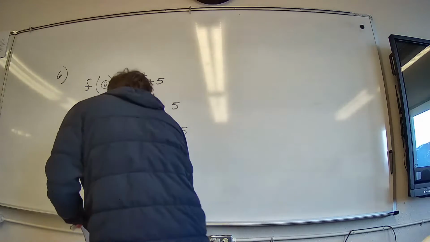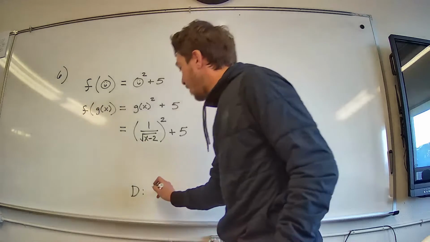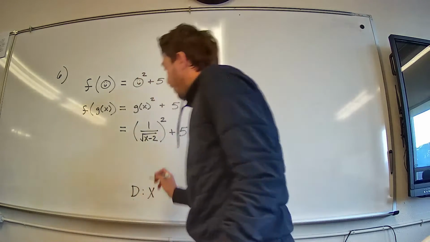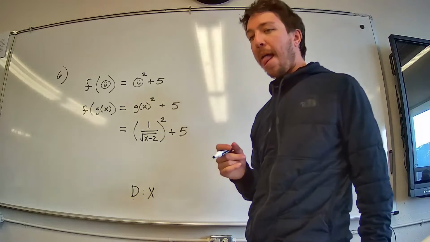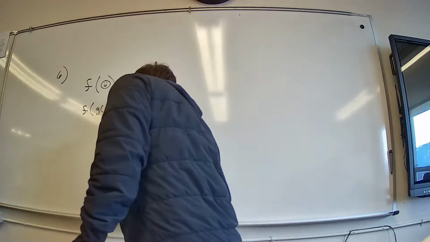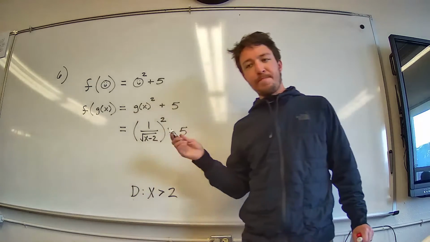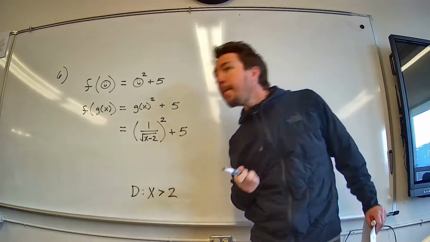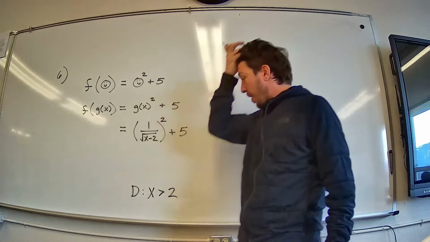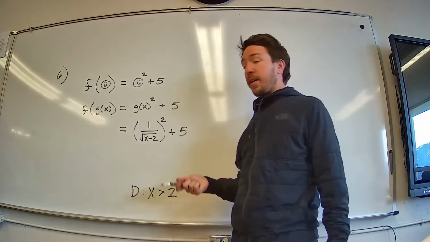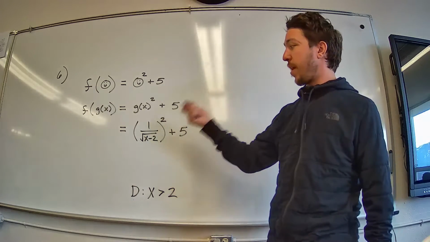So before we write our final expression, what's the domain of this function? X has to be what kind of number for it to go into this? It has to be greater than 2. Why can't it be 2? Because then it'd be 0. You'd be dividing by 0, right? So x can't be less than 2 because you'd be square rooting a negative, but it also can't be 2 because you'd be dividing by 0.